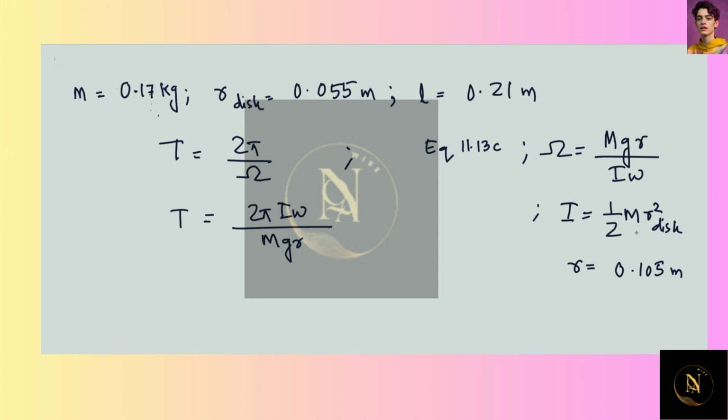So we plug this expression of I over here, and we can also write omega to be equal to 2 pi times frequency, and frequency is given to be 45 revolutions per second.